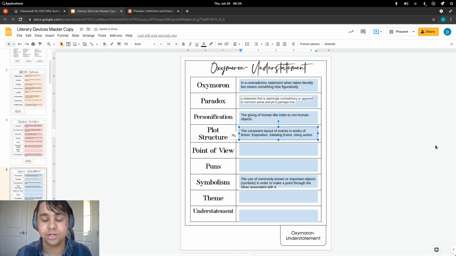Following the initiating event, we have the series of rising action. And rising action is just a series of events that build up tension in the story. And from that point, we end up with the climax, which is the point of highest tension in the story. I call it the oh crap moment for the protagonist, because in action and adventure stories, which are what I prefer to read, it's the point where the protagonist is usually in the most peril.